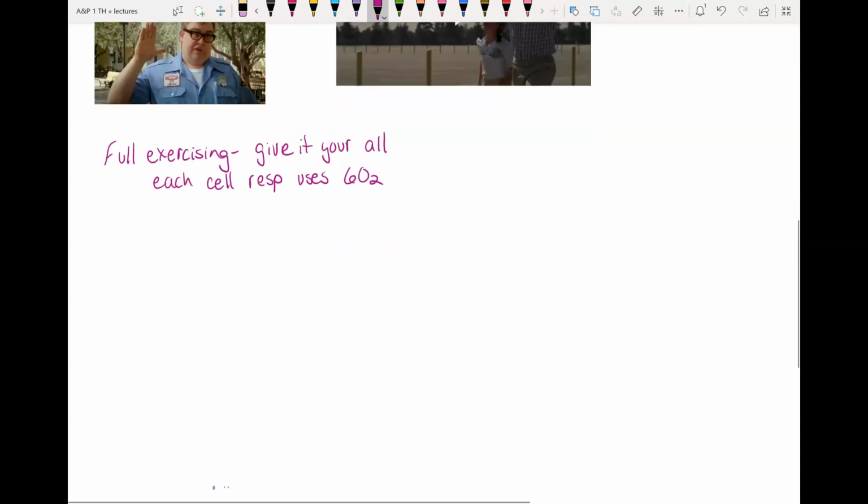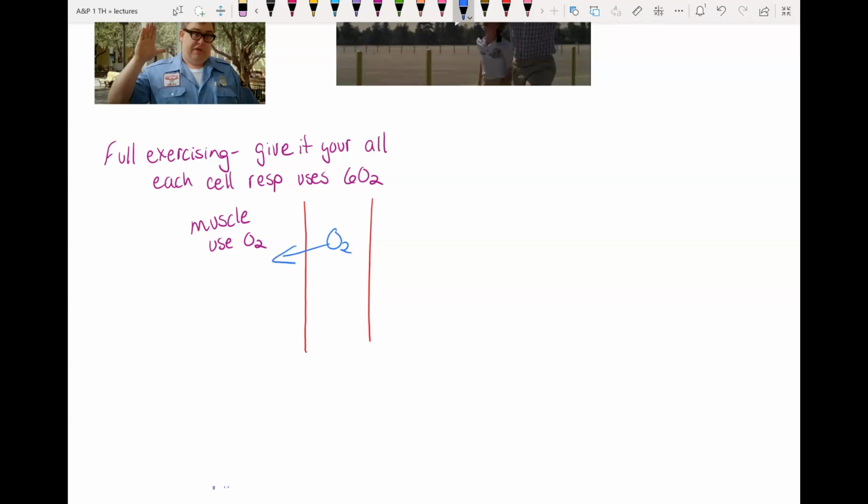But if you look at your muscles on one side, when you're exercising, your muscles use oxygen. So they are taking it out of your blood. And on the other side, you have your lungs and your heart putting oxygen in.